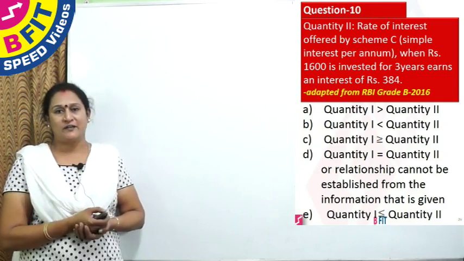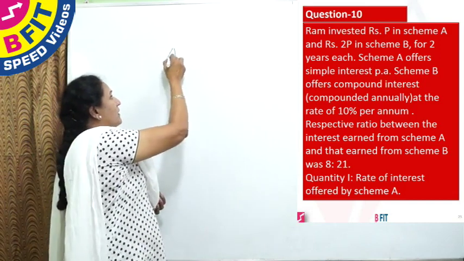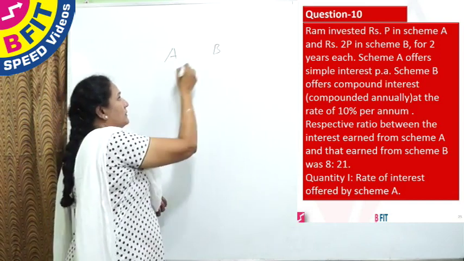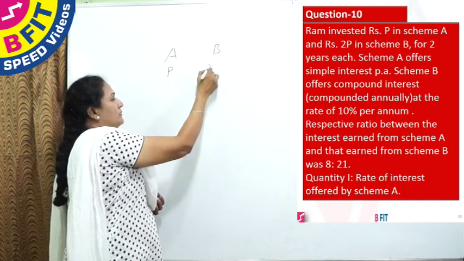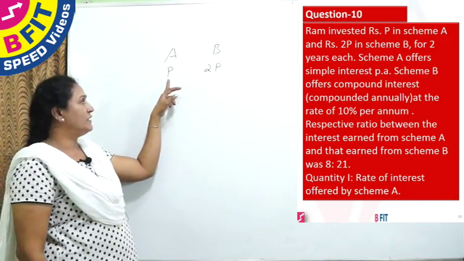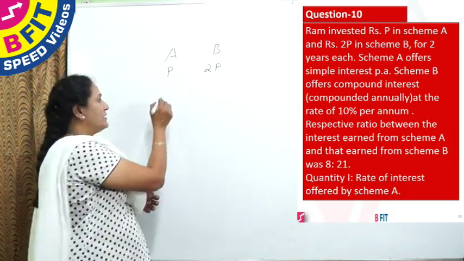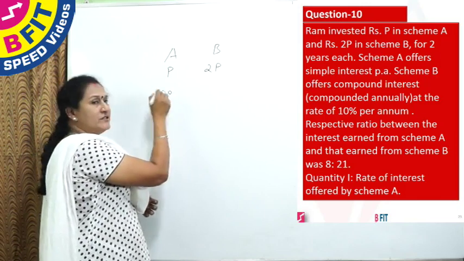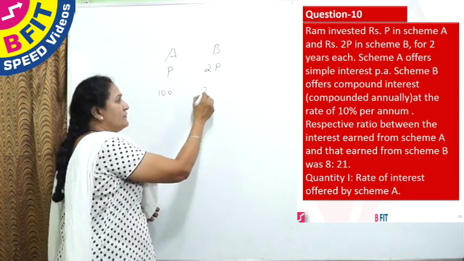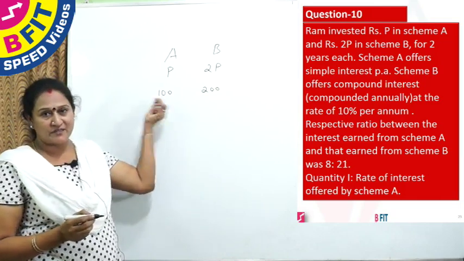We'll see the working. So Ram invests in scheme A and in scheme B, P and 2P. Here the principal is double in scheme B, so we can assume that he is investing 100 rupees in scheme A and 200 rupees in scheme B. What is the rate of interest in scheme A?